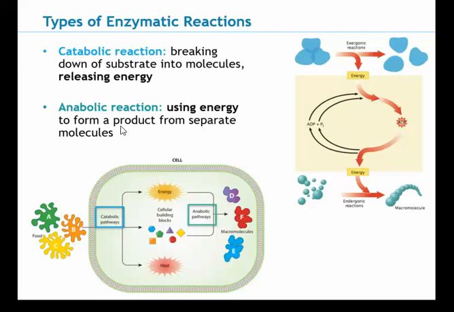I think I've given enough examples for you to understand those two reactions. Just keep those in mind throughout this entire semester. I didn't go over this picture, but I did say exergonic is catabolic. Catabolic is the breaking down. We're using energy here to have an endergonic reaction, which is anabolic, and form a larger molecule.